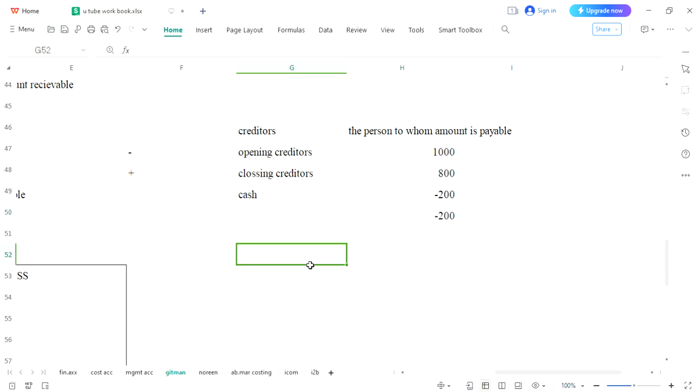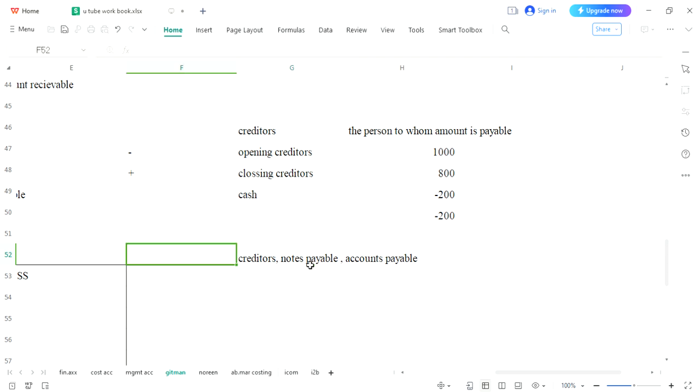So creditors are current liabilities, as we already understood in the previous chapter of accounting ratios: creditors, notes payable, accounts payable, etc. Normally these are current liabilities.